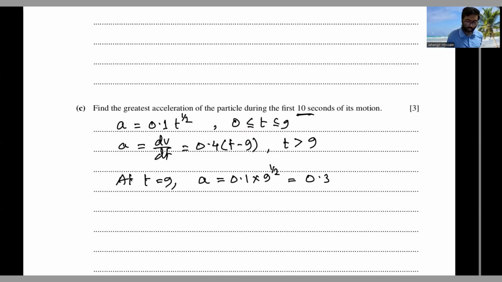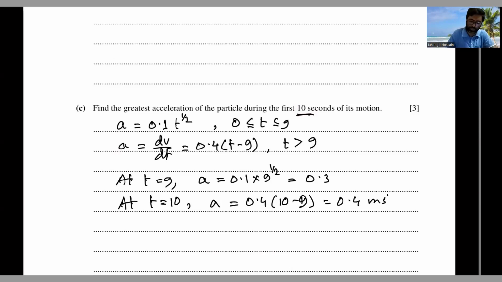After 9 seconds, the acceleration increases, and since we need the acceleration up to 10 seconds, from this equation the greatest acceleration will be at t equal to 10. At t equal to 10, acceleration is 0.4 into (10 minus 9), that's 0.4 meter per second square.